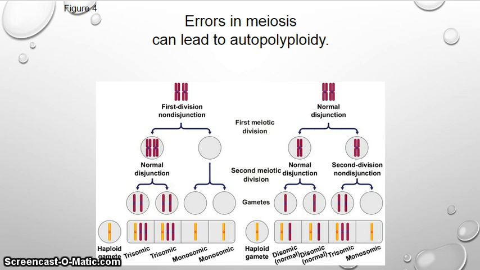And then in the case over here, we see that there's non-disjunction, and it results in a different outcome in the gametes, but likewise results in some frequency of gametes that are not haploid. If there are 3 sets of chromosomes, it's called trisomic, 1 set monosomic, and 2 sets disomic.